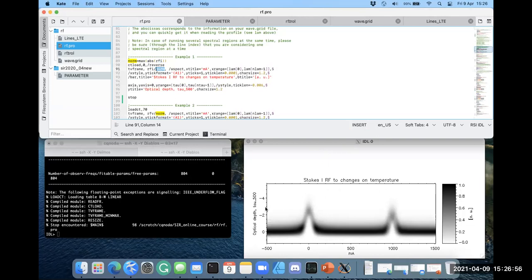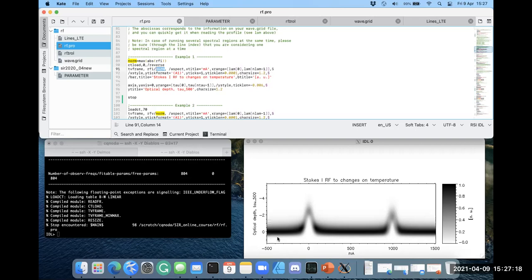So the idea is white with this color code means 0. In this context it means that the response function is 0, or in other words, a perturbation in a given atmospheric parameter and a given height will not produce any change.